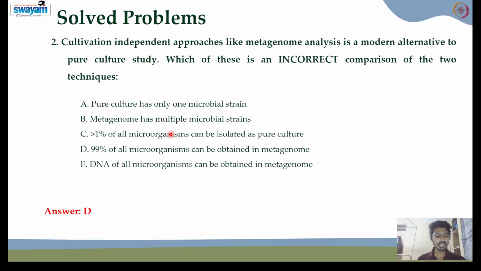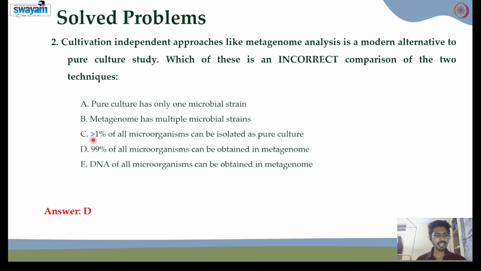Whereas metagenomics, as we have seen, collects all the DNA in a particular sample and allows the study of the microbial community. And here, greater than 1% of microorganisms can be successfully isolated by the traditional method as well.